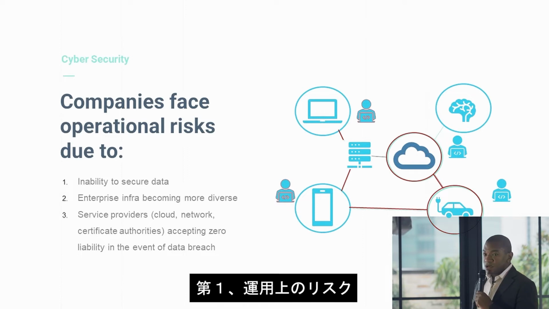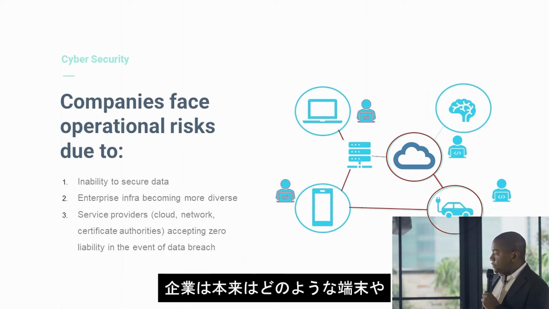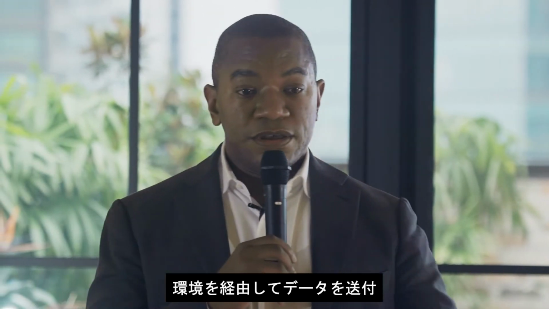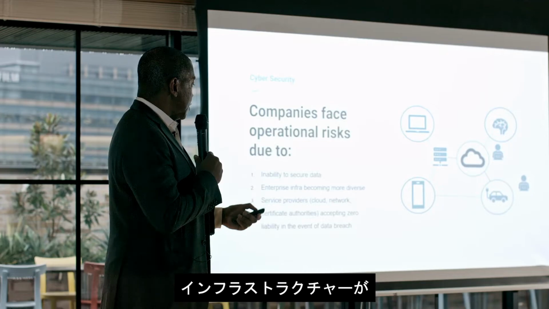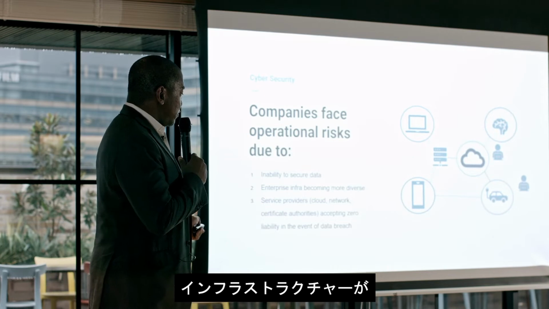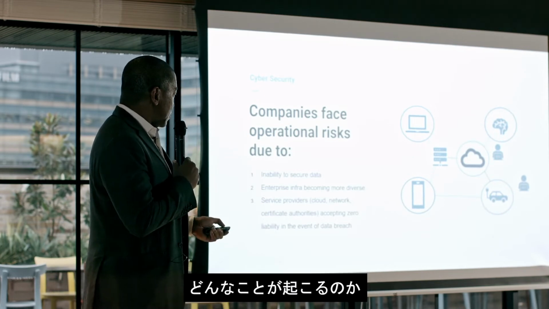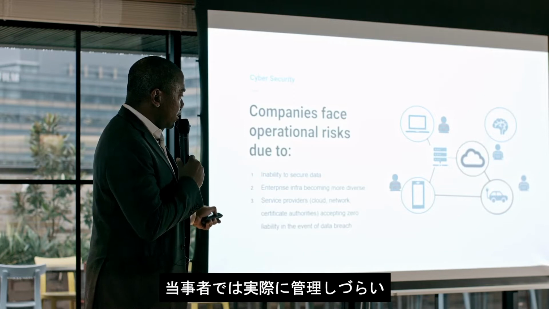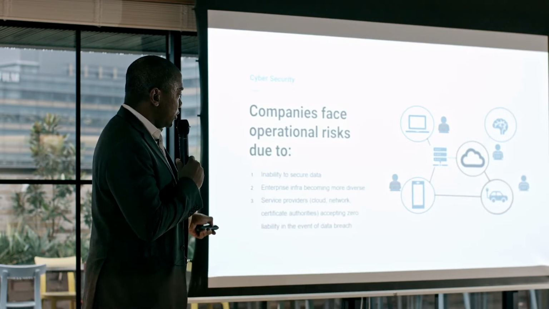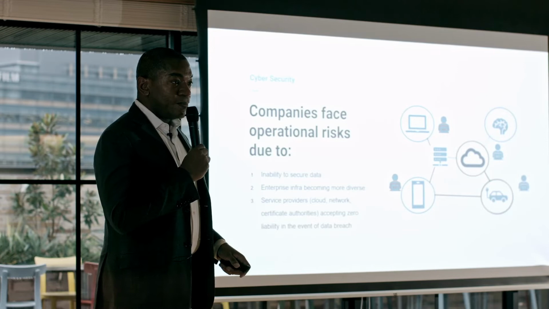Number one, it's an operational risk because companies cannot secure the data if they don't understand what device is actually transmitting the data. And as infrastructure becomes more diverse, we get a situation where you have a few parties in this cloud that you can't control.